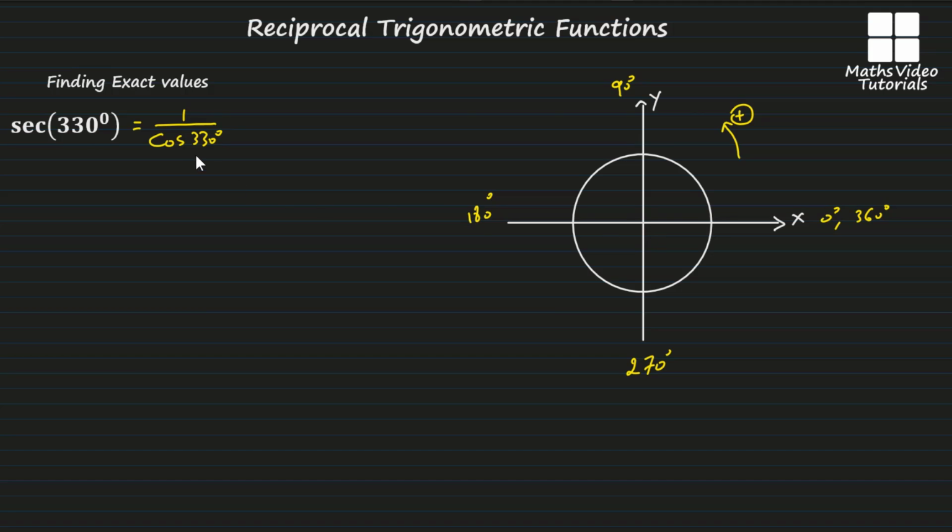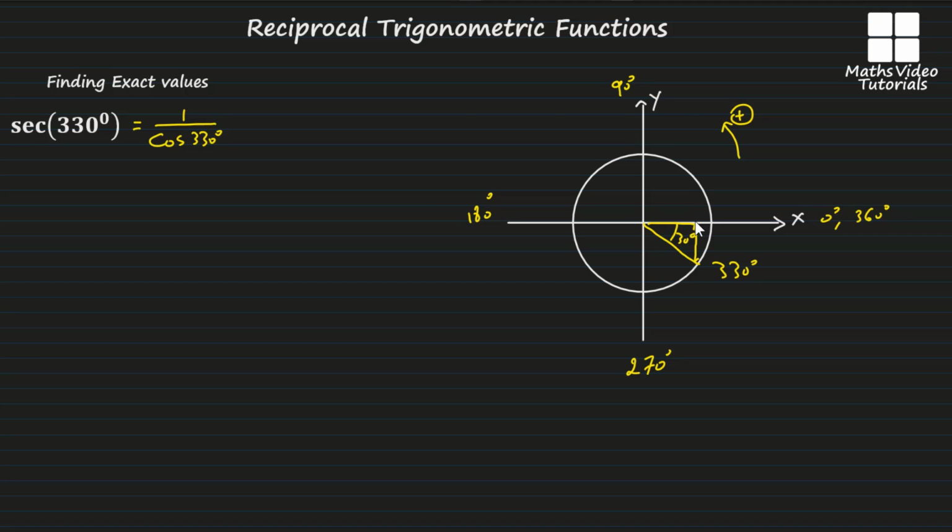So my angle 330 will be in the fourth quadrant. This is the first quadrant, this is the second quadrant, third quadrant, fourth quadrant. So it will be roughly here. This is my 330 degrees and it is 30 degrees from 360. So this angle here is 30 degrees. Now if I project this point onto the x-axis, that will give me the x coordinate, which represents cos 330.